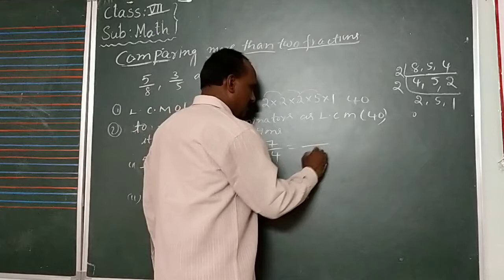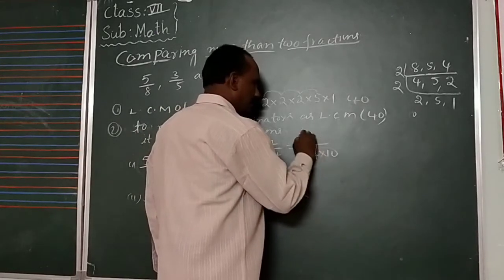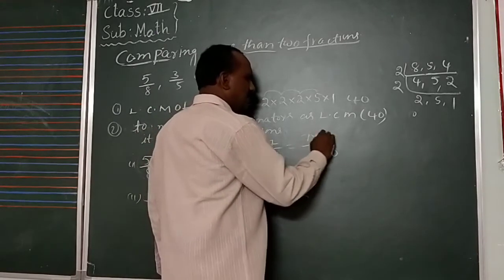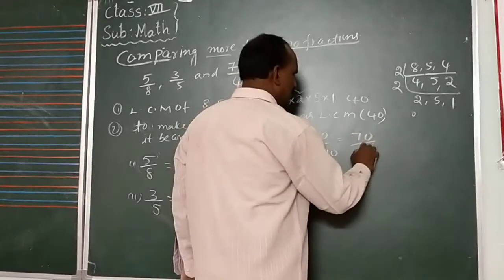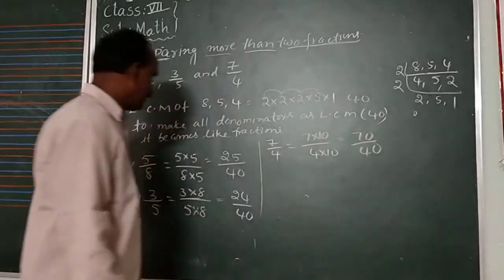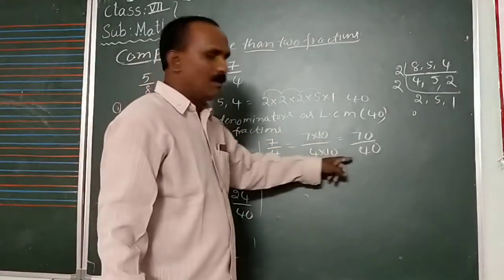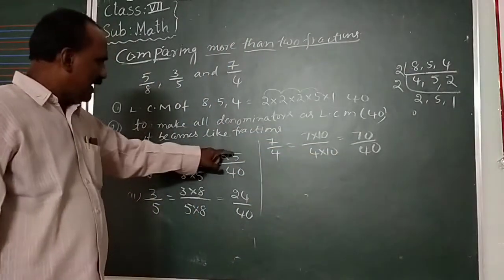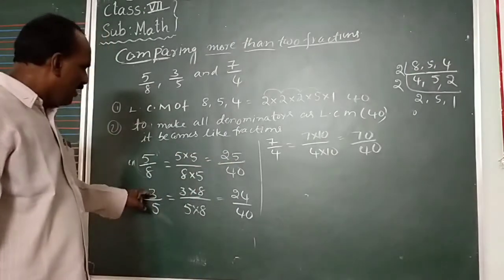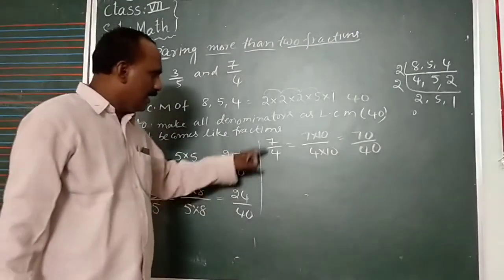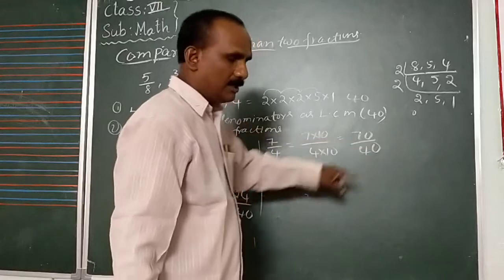That should be multiplied with 10. 4 into 10, 7 into 10. That means 7 10s are 70 by 4 10s are 40. So 5 by 8 converted to 25 by 40, 3 by 5 converted to 24 by 40, and 7 by 4 converted to 70 by 40.